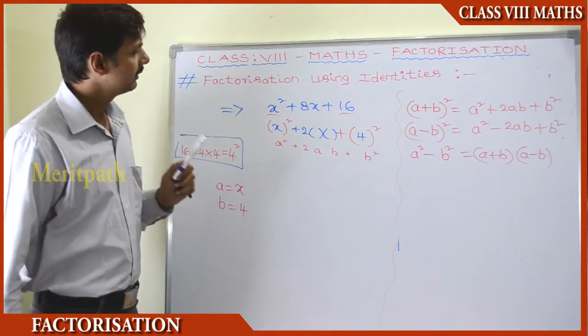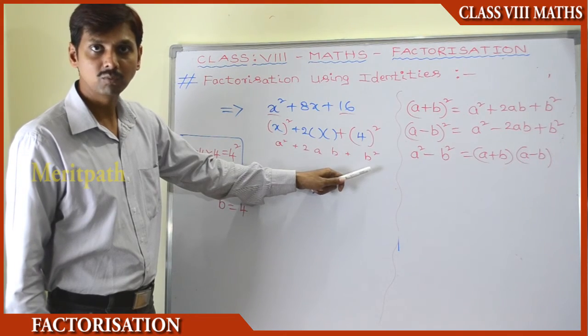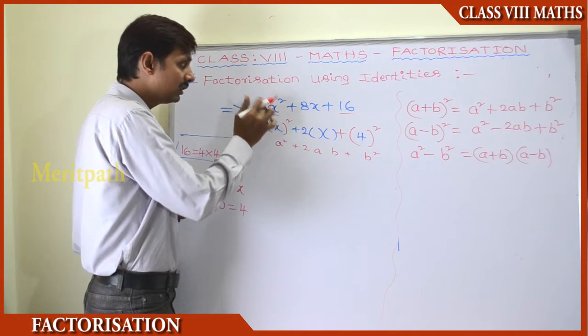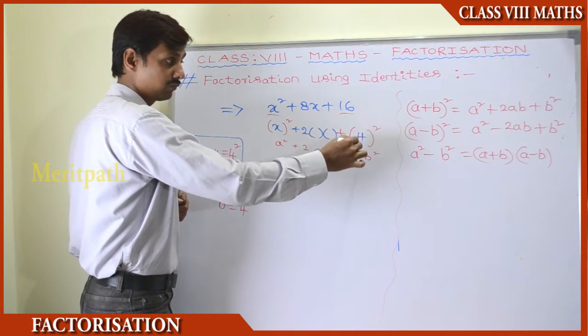Then here we see that a square plus 2ab plus b square is the formula, and when we compare this formula with this expression, x square is x square and 16 is 4 square.